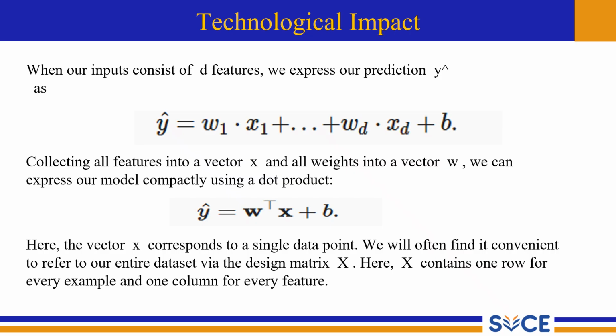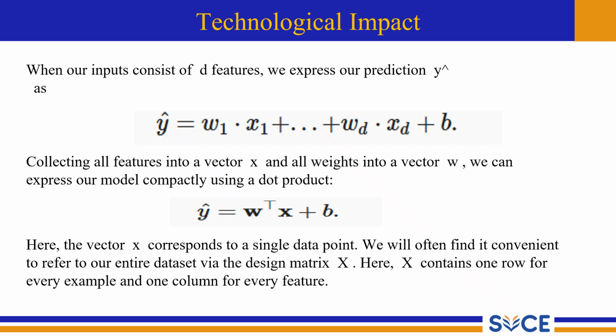This leads us to the more elegant representation: y cap equal to w transpose of x plus b. Here the vector x corresponds to a single data point, and w transpose of x denotes the dot product between the weight and feature vectors, which means the multiplication of weight and the activation function.